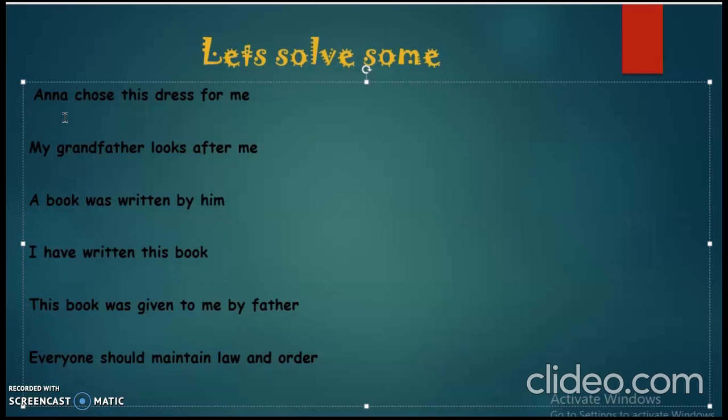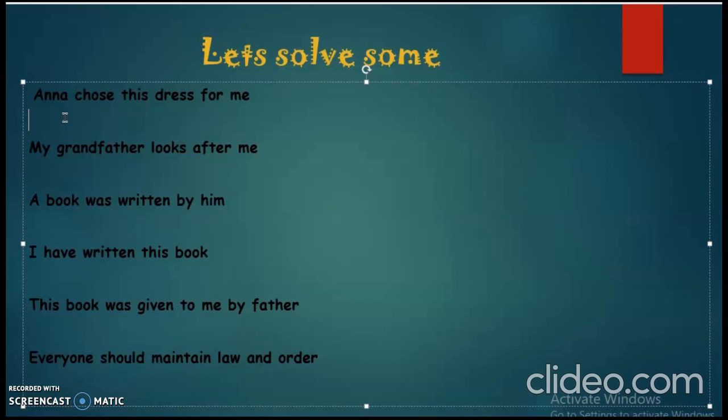One thing I wanted to tell you also: in active voice, we have SVO, subject, verb, and object. But in passive voice, we have OVS, object, verb, and subject. So to convert this subject, verb, object into OVS, we will do it.